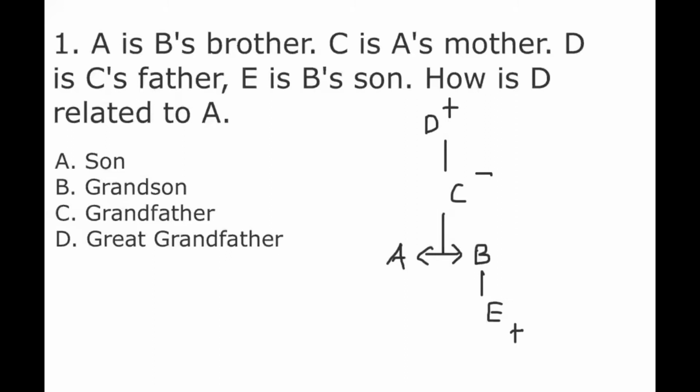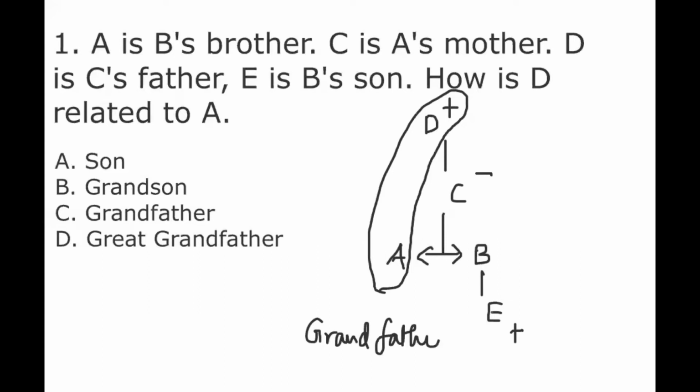Now the question is, how is D related to A? Now for A, what will D be? Obviously, he'll be grandfather. So option C is my answer.